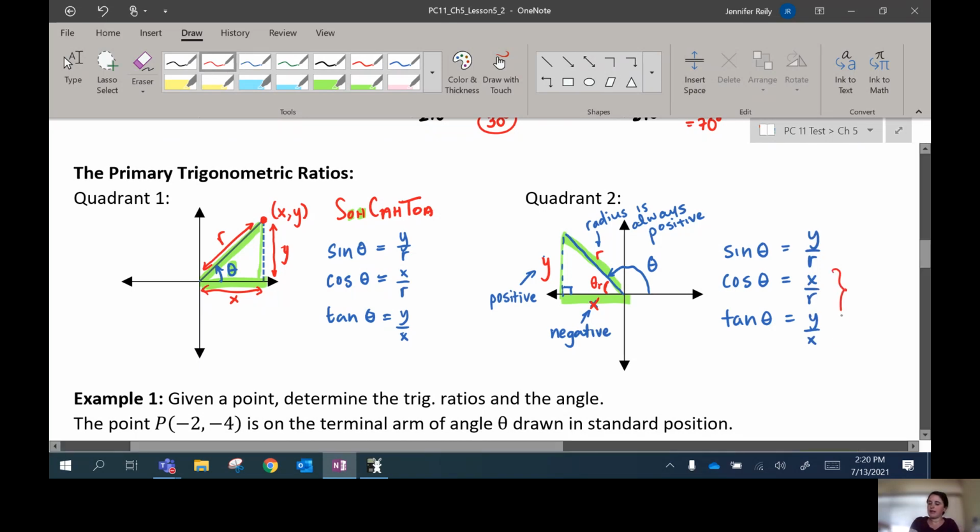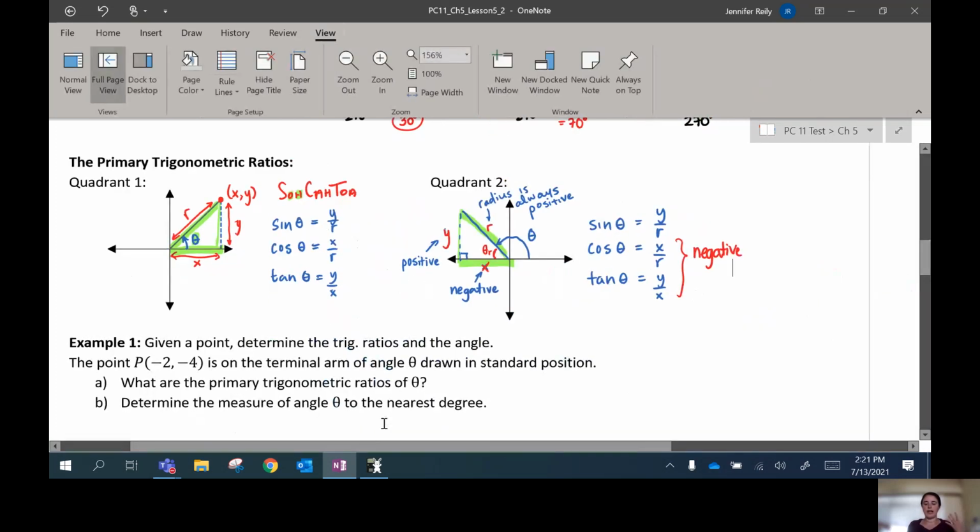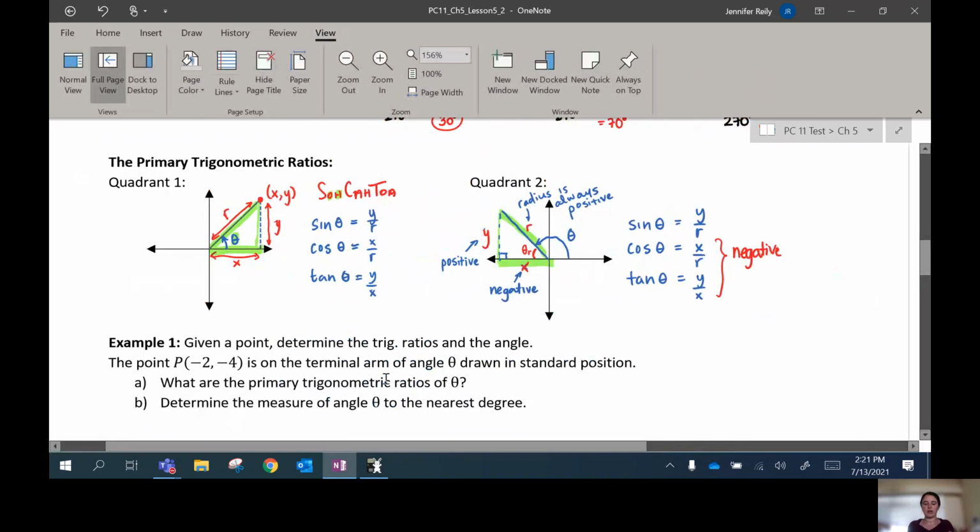And one thing to note, since x is negative, these two ratios are going to be negative. So the signs of the ratios can be positive or negative depending on which quadrant you're in, depending on whether the x or the y is negative. We're going to learn a little rule later about which ones are negative in which quadrants, but just keep that in mind. You could have negative values for your trig ratios or positive values for them.